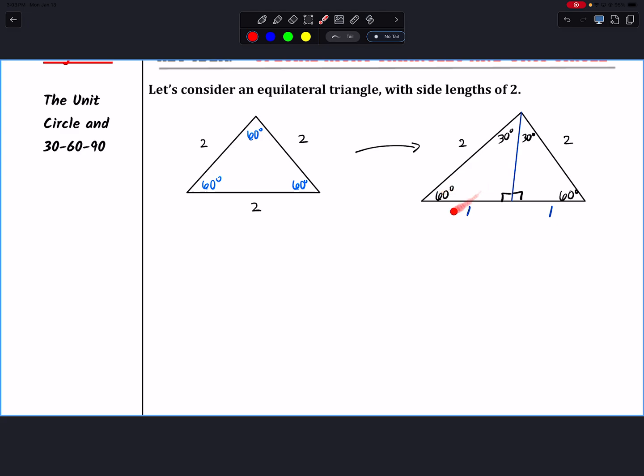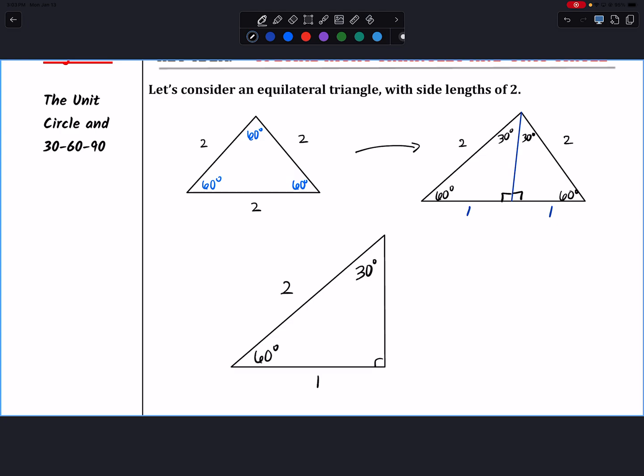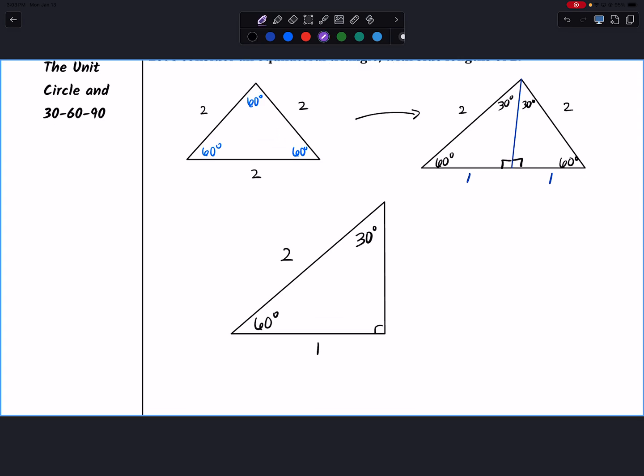Okay. So now I'm going to draw another picture. I'm going to take one of these triangles and just blow it up right here, redraw it, but bigger. Okay, I want to know what this side is. So Pythagorean theorem: a squared plus b squared is c squared. Which side is c?